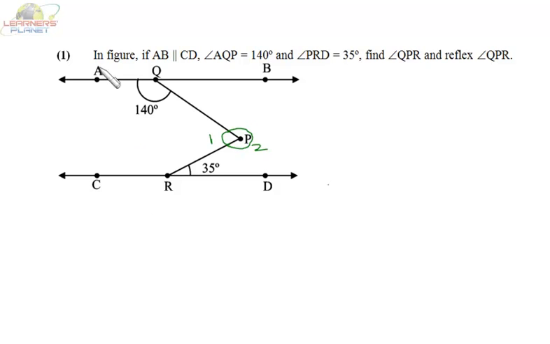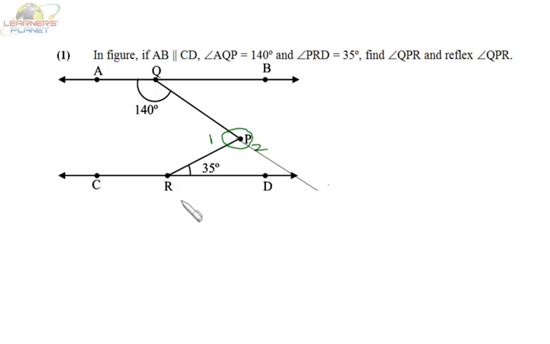Now in this question, line AB is parallel to line CD. We are given that angle AQP is 140 degrees and angle PRD is 35 degrees. Friends, for simplicity, I am extending this line.